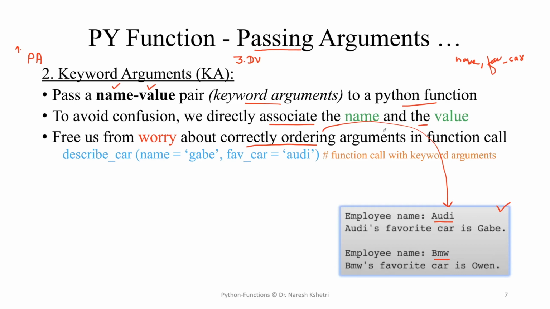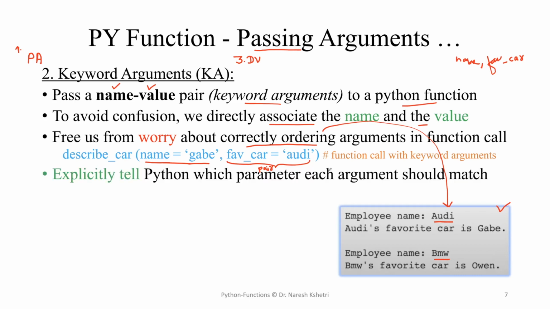To avoid that, we associate the name and the value as a pair. This is one pair, and this is another pair. We associate the values as name-value pairs to avoid the confusion.